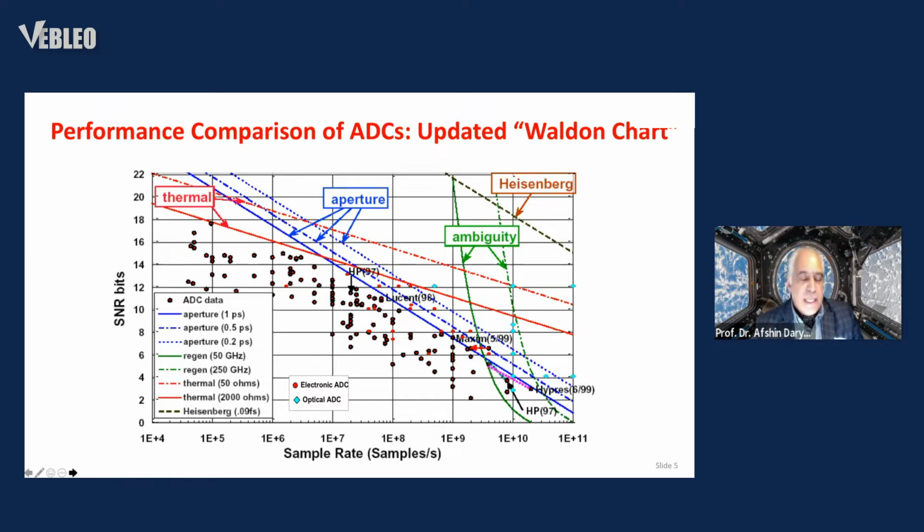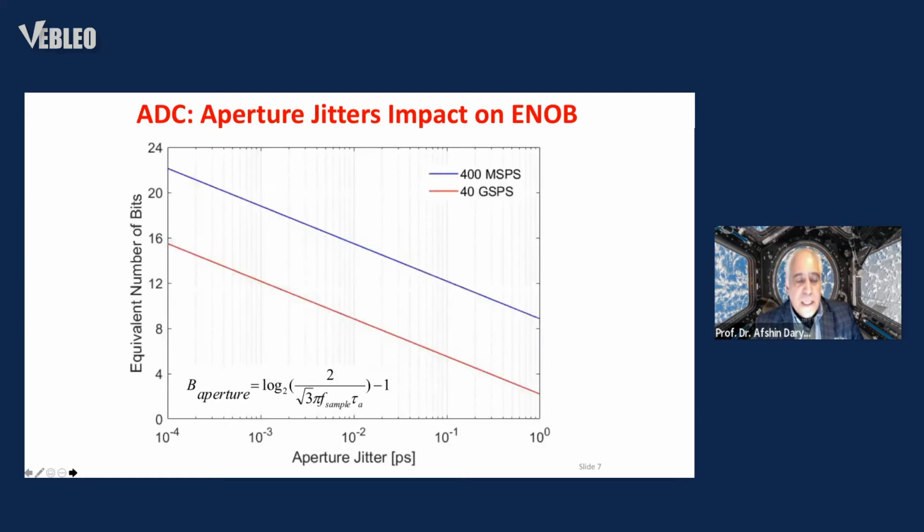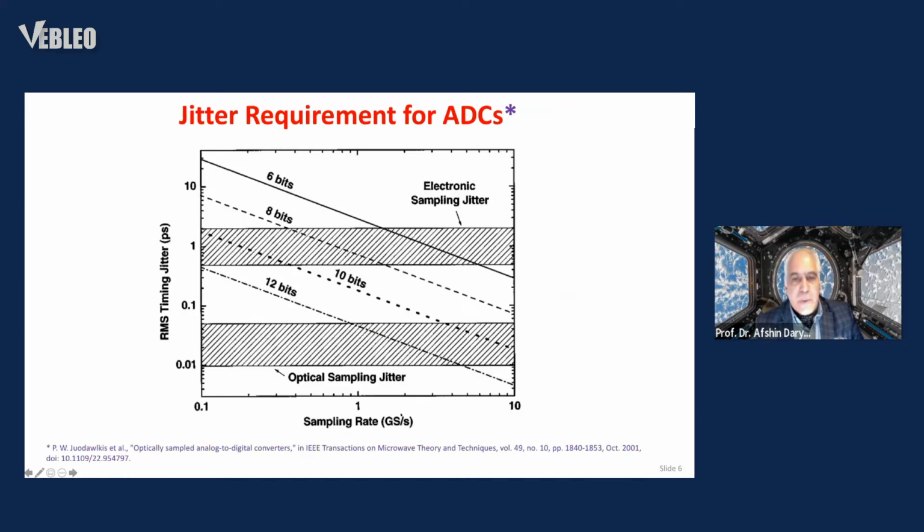But our goal is 10 effective number of bits. And as you will see in this graph, the timing jitter required for 10 effective number of bits is going to be at the rate of about 20 femtoseconds.